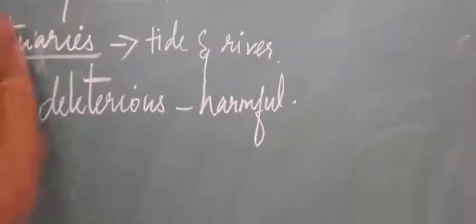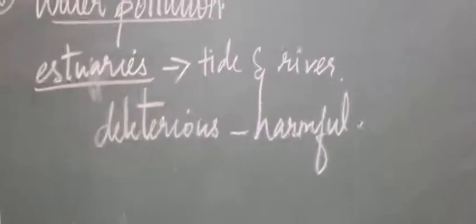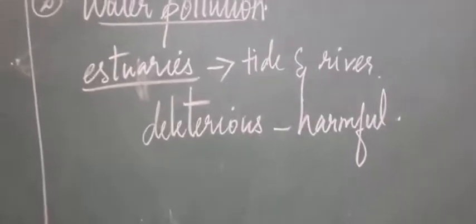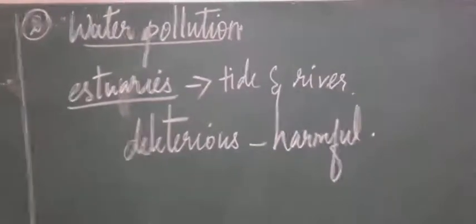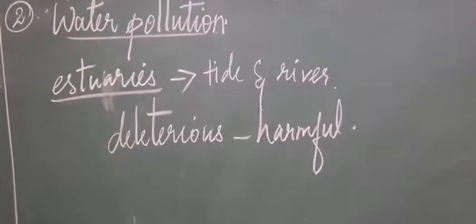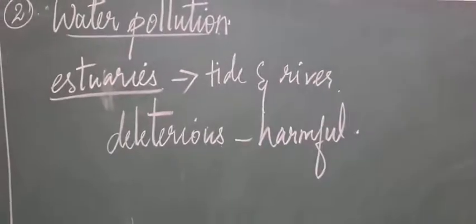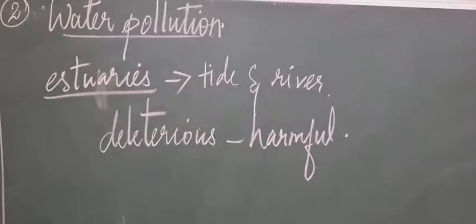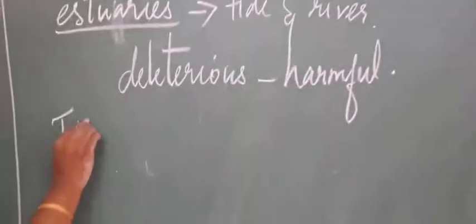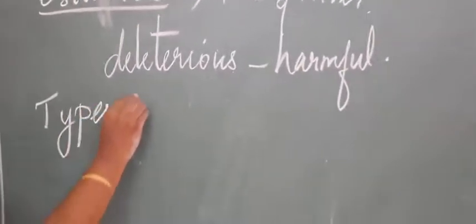So, the unwanted things, the contaminated things which bring pollution in all the water bodies which are harmful to human beings and also the marine life. That is water pollution. Now we are going to see the types of water pollution.